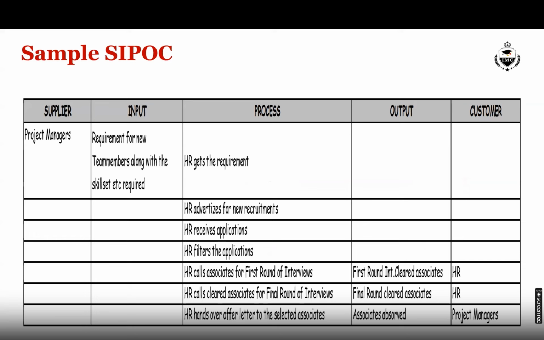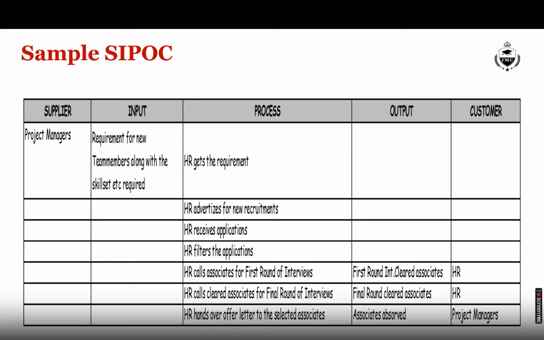This is one SIPOC prepared by the HR department. Now, the HR department has been approached by the project managers saying that we need some specially skilled resources for our team. So, for them, the suppliers are the project managers because they have provided the inputs. Input is requirement for new team members along with the skill set required. And after this, what HR does on a high level, one by one: HR gets the requirement.